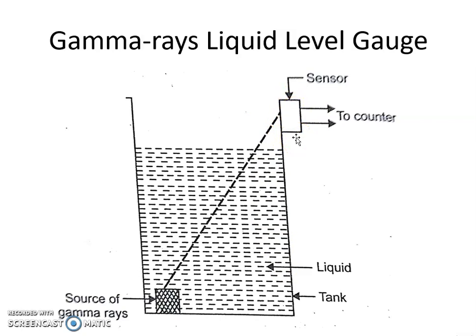Therefore, the liquid level is measured in terms of the intensity of gamma rays detected by the sensor. Liquid level is inversely proportional to the detected intensity. In this way, the gamma rays liquid level gauge is used to measure the liquid level or fuel level.